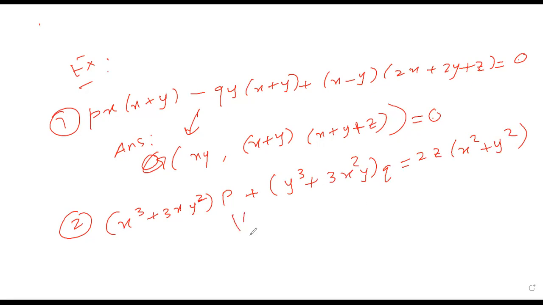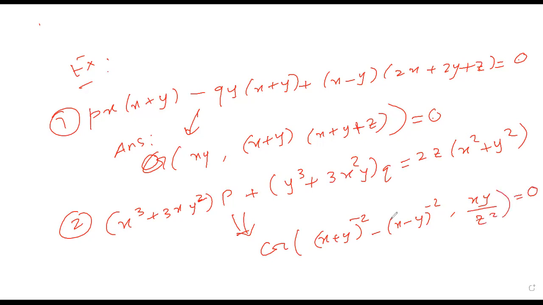I can give this answer as well: it's like minus 1 over x plus y, 1 over, xy over that. Try this question also. So these are the answers, and you can check whether you are getting the correct answers or not.